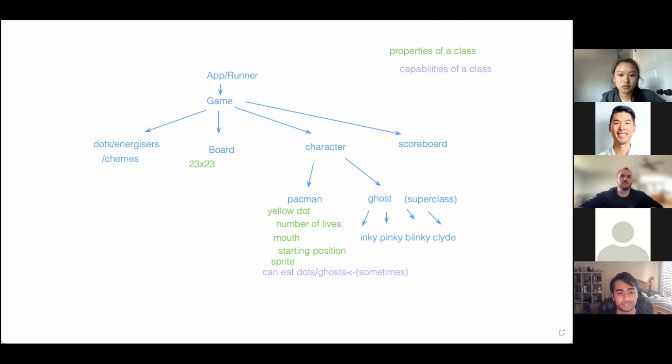So his current position is something you'd want to have inside of Pac-Man, but the starting position is something that you can put further up the hierarchy, maybe in board or game, because that's something that the game decides and not what Pac-Man decides. Does that make sense, everybody? Yep. Current position. Let's change that up. Thanks, Ash.